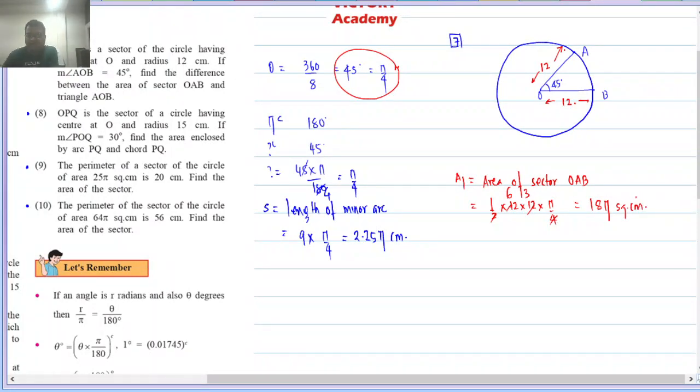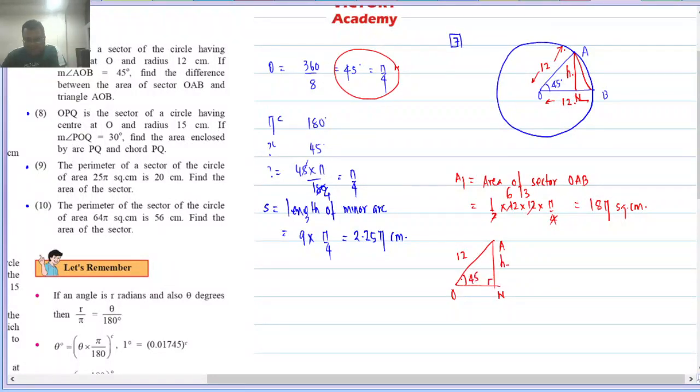To find the area of the triangle, we have to find the height. This is triangle AOB. This is the height. Now let this be N. Now let's draw triangle ANO separately. This is 12. This is 45.